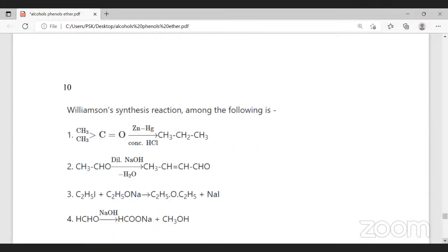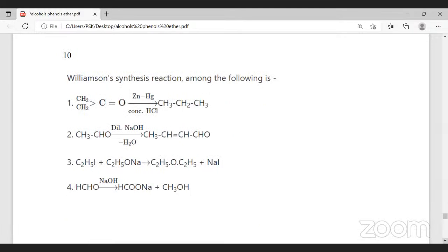The next question: Williamson's synthesis reaction among the following is, look at this and tell me which is Williamson's ether synthesis. Option C, yes. This is alkyl halide and sodium ethoxide, which gives you ether. So it is option C. This is Williamson's ether synthesis.